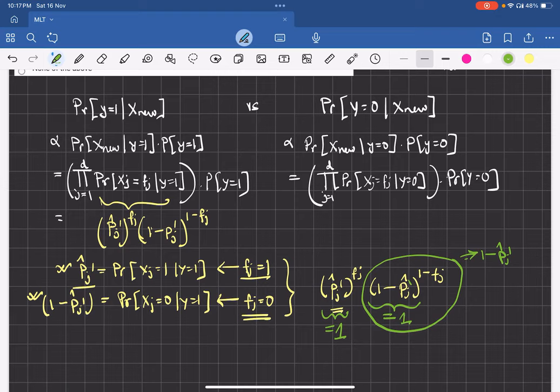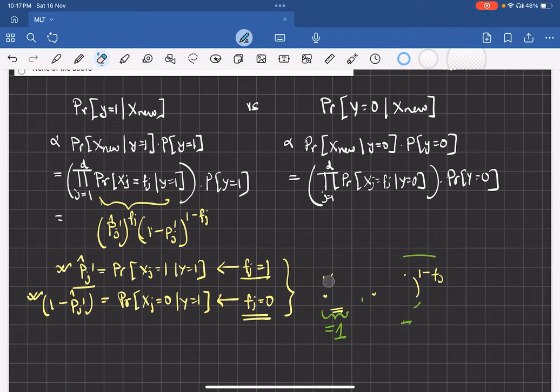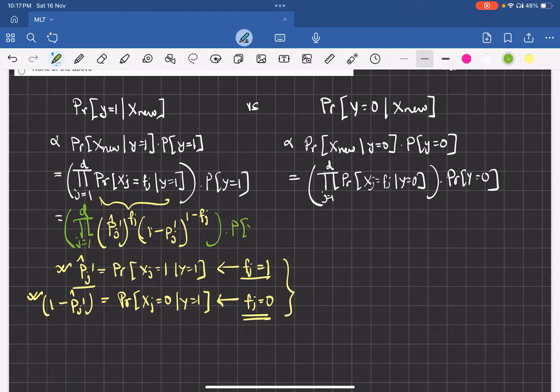Alright, so that is the whole idea of representing this term as pj1 hat to the power fj multiplied with 1 minus pj1 hat to the power 1 minus fj. This is nothing but the product of all these terms, j running from 1 to d, multiplied with the probability y is equal to 1.